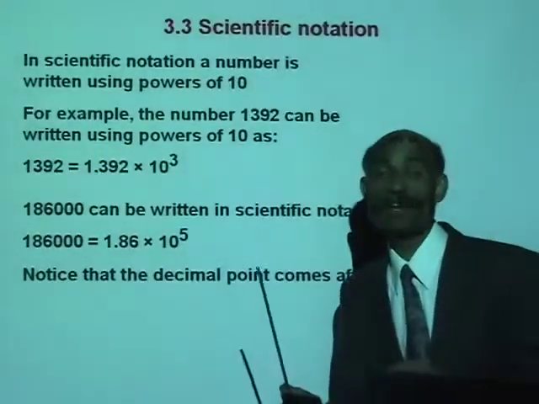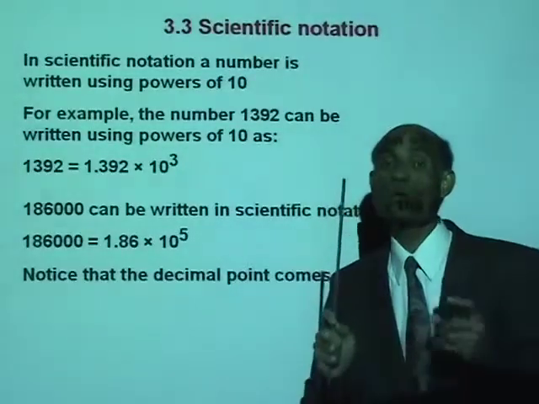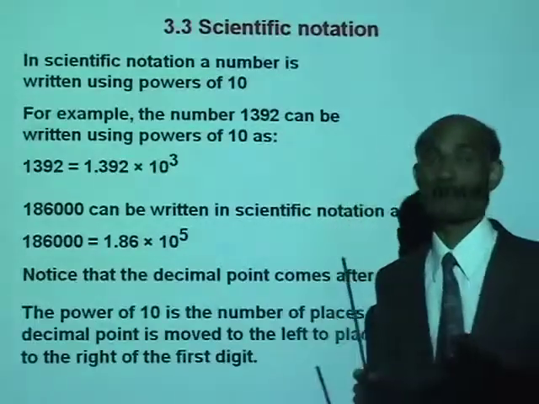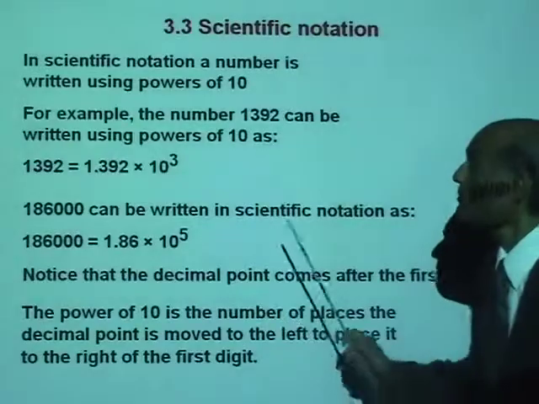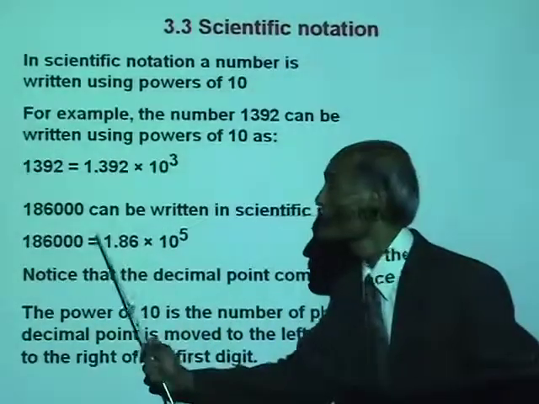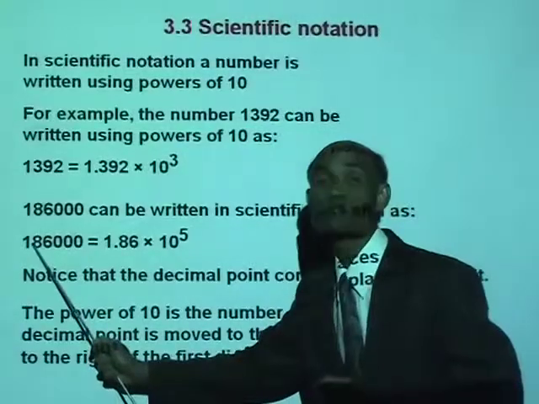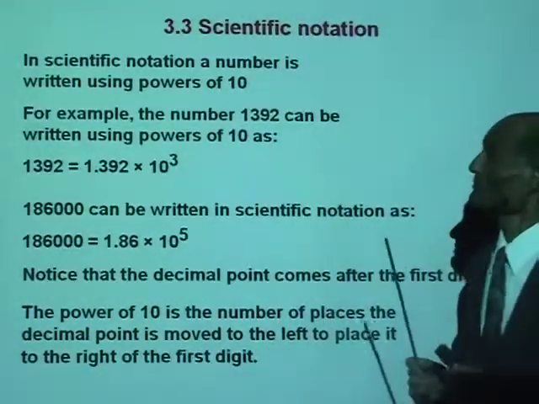In scientific notation, the decimal is always placed on the right of the first digit. The power of 10 is the number of places the decimal is moved to the left so that it is placed to the right of the first digit.